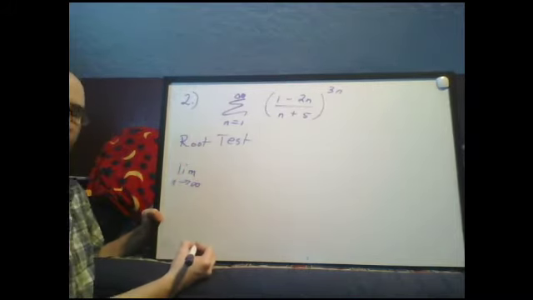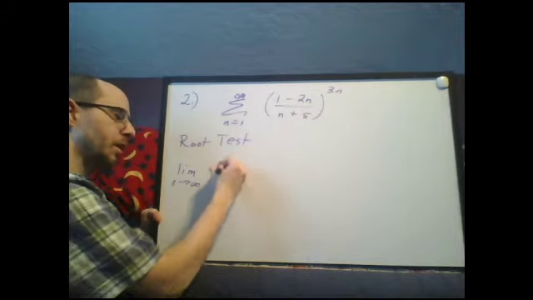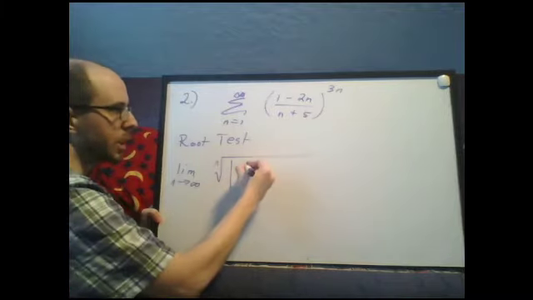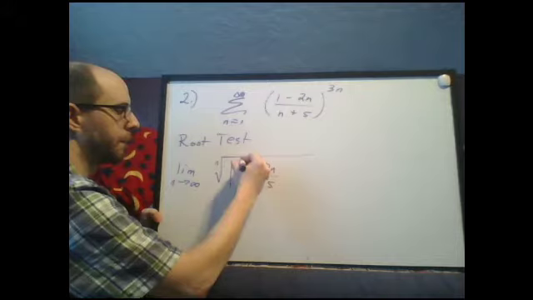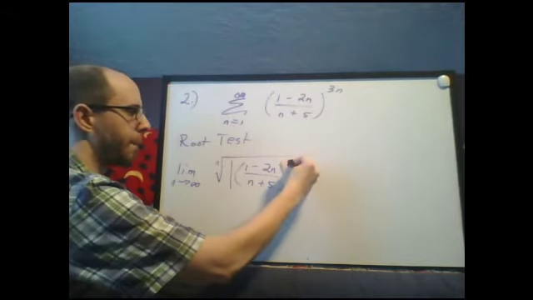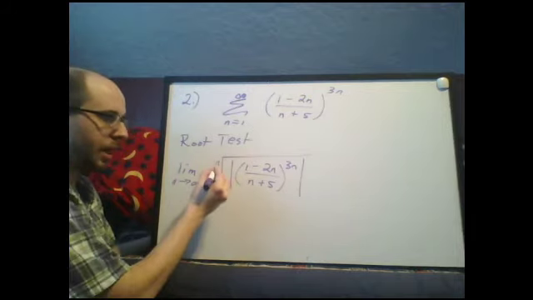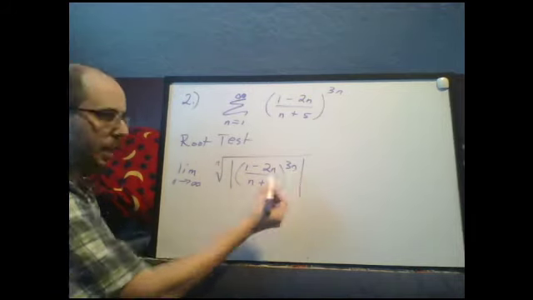So the root test says we take the limit as n goes to infinity of the nth root of the absolute value of this inside stuff. Okay, the nth root, that's just dividing my exponent by n.